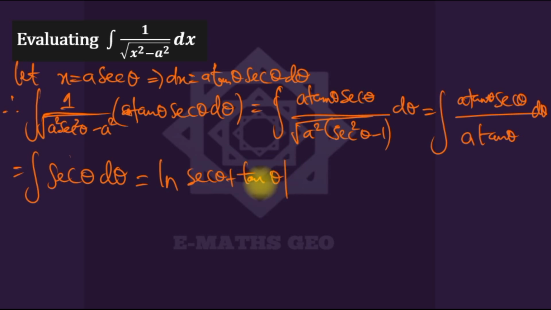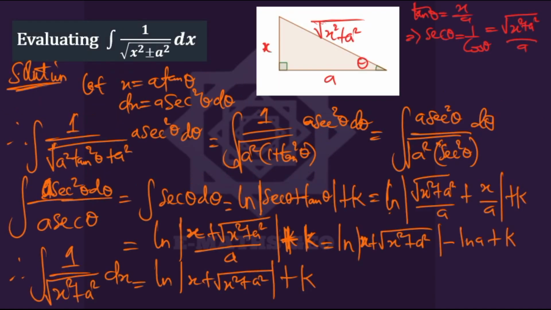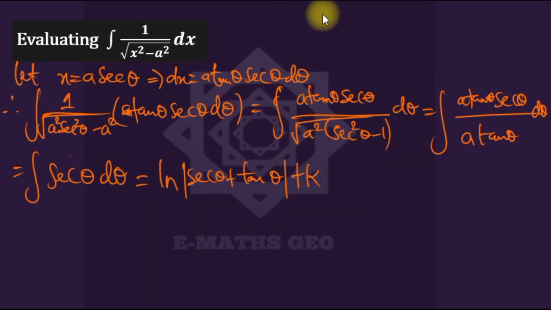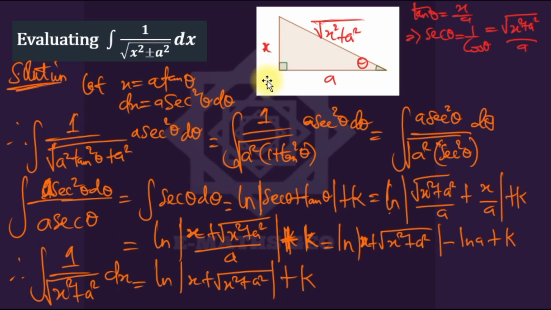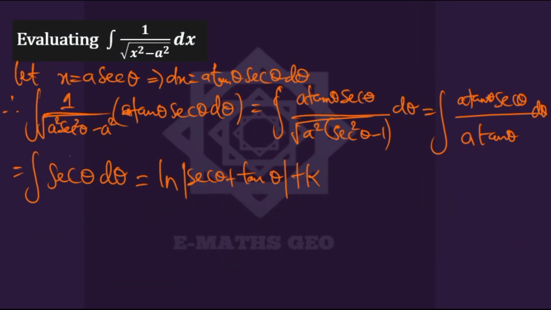So if you look at the one we've done for the addition, we still got the same answer. Do you see it? We still got the same answer. We draw the same triangle here, the same triangle, but different values.